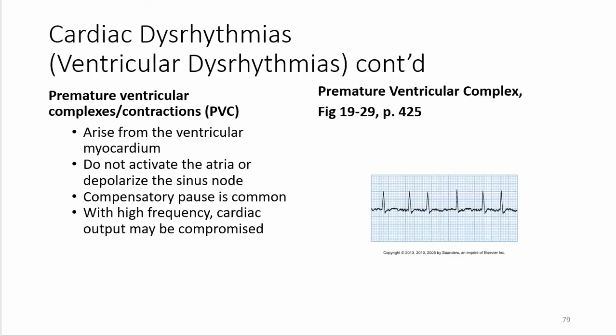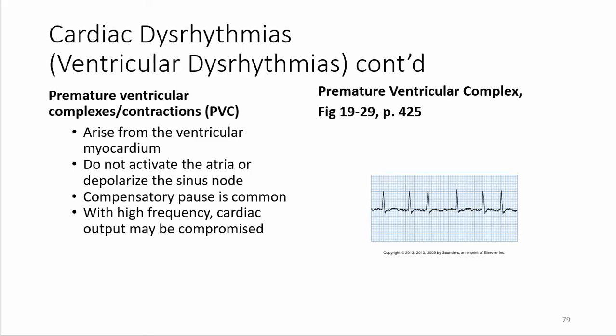It's in the myocardium and it's in the ventricle. It doesn't go backwards to depolarize the atria. It doesn't activate that way. Oftentimes, you'll get this premature, and then you'll get a little pause because cardiac output's gone way up, and then it pauses and then comes back.